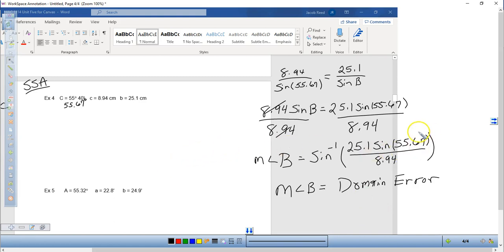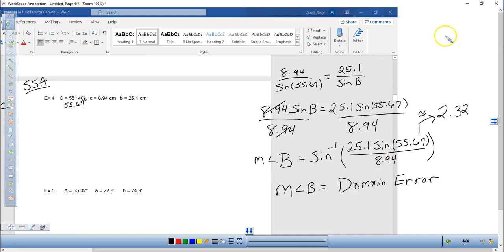Now, just to show you why, I'm just going to compute what's inside here. 25.1 sine of 55.67 divided by 8.94. That gives me 2.32, roughly.